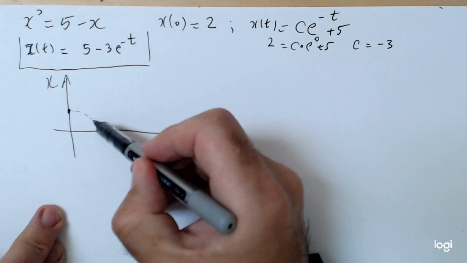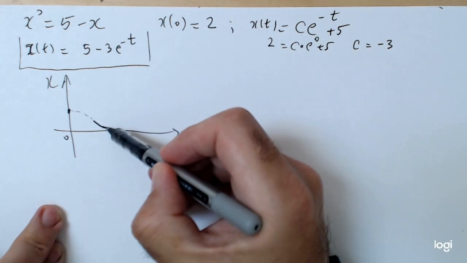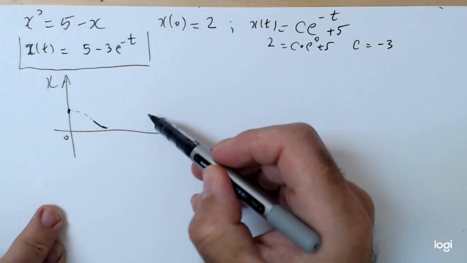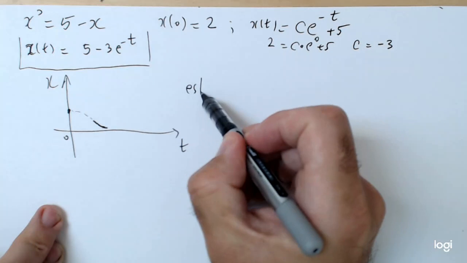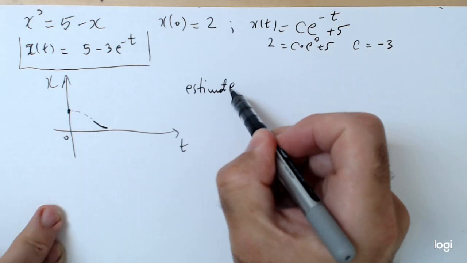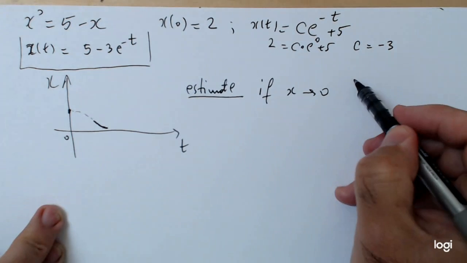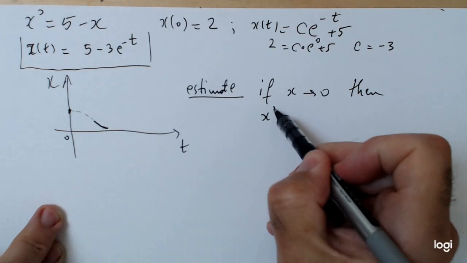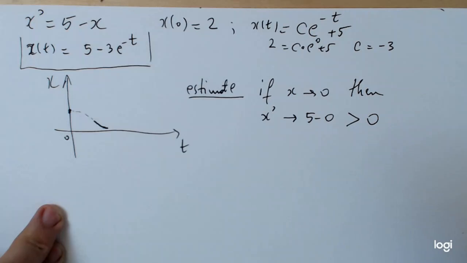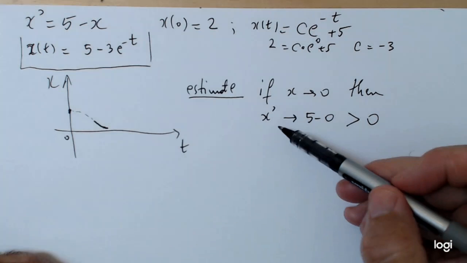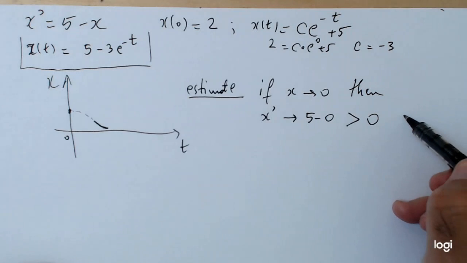What happens if x of t at some point approaches 0, threatening to go into negative territory, which we don't want in a biological model? Well, if x really comes close to 0, then x prime of t really comes close to 5 minus 0, which is strictly positive. Now we know what happens if x prime is positive: if it's strictly positive, then x increases.